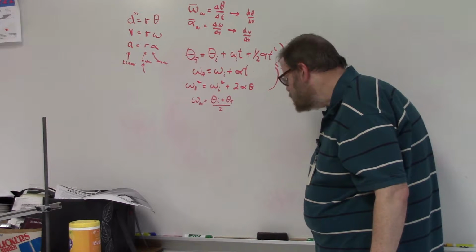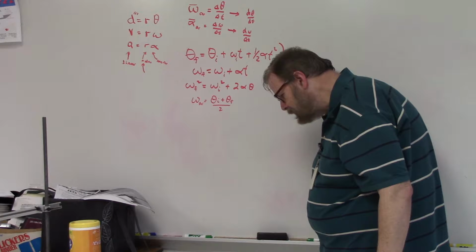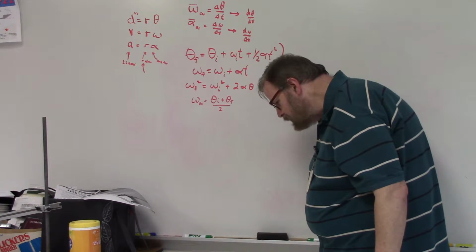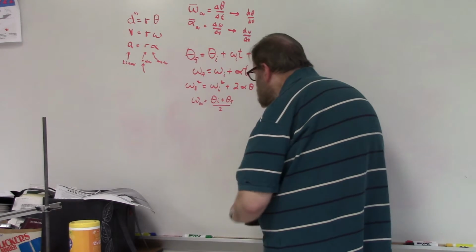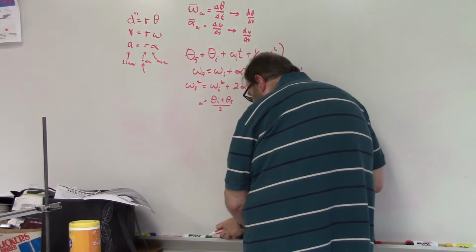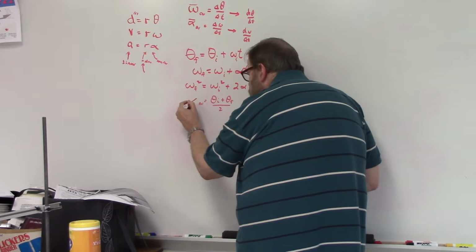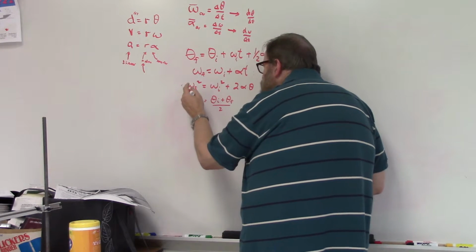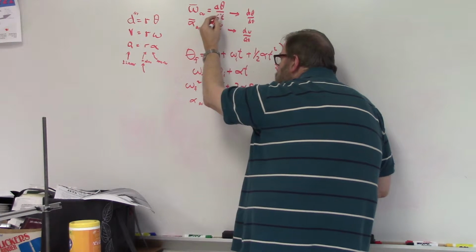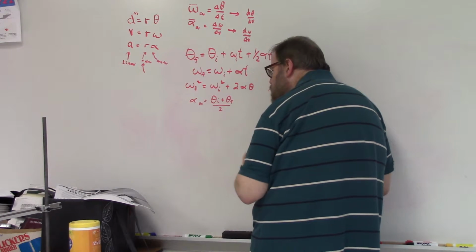No, I'm just thinking. Let me think here a second. I think that I may have written that wrong. Yeah, I think instead of omega average, it's really alpha average, your average angular acceleration. Because your average angular velocity is the change in the distance. Well, gosh, I'm thinking about that a second.